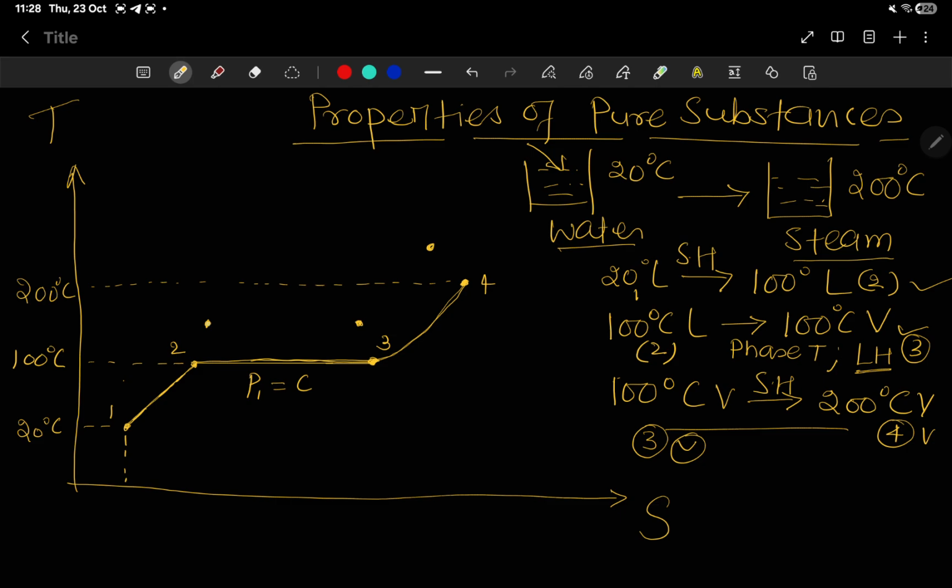Now again I am increasing the pressure, so this is another constant pressure line, P2 equals constant. Now again if I increase the pressure, this curve will shift here, and we will get some point here, right? The starting point, let's take it is here. So just draw these lines.